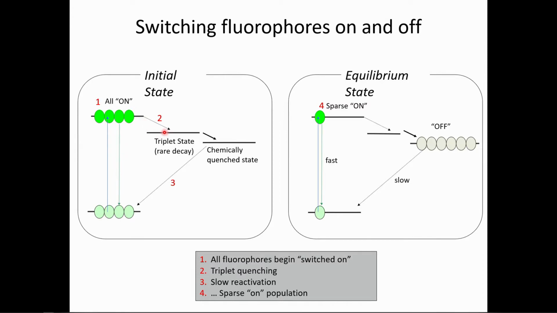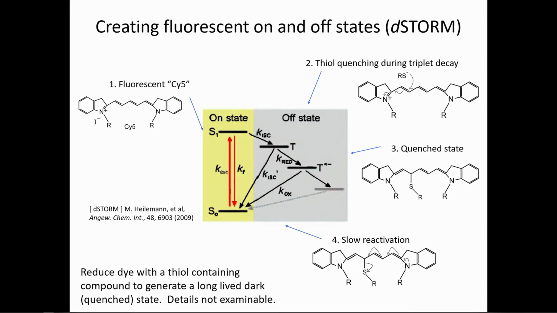It will trickle down to the triplet state, will then chemically react and go into the quench state. So initially you get a flash of light, then it all goes dark, and then you are in this sparse state, and then you have this very slow trickle back from this off state, and you can control it by essentially changing the redox reaction with your buffer.